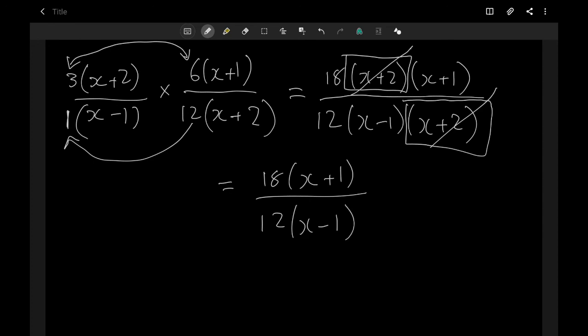You can leave the solution as it is. However, you can simplify this expression even further. We know that 18 over 12 can be written as 3 over 2. And everything else remains the same. And that would be the complete simplified answer.